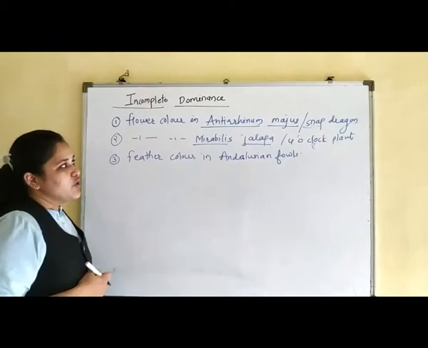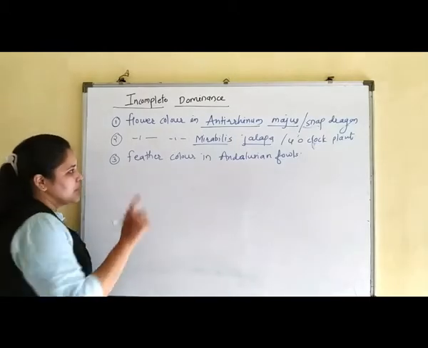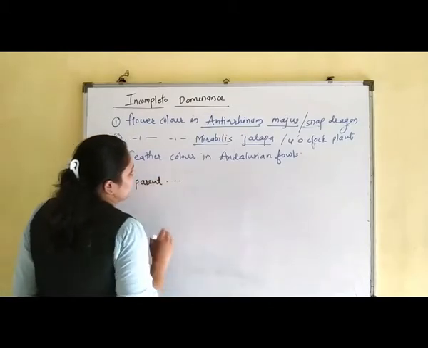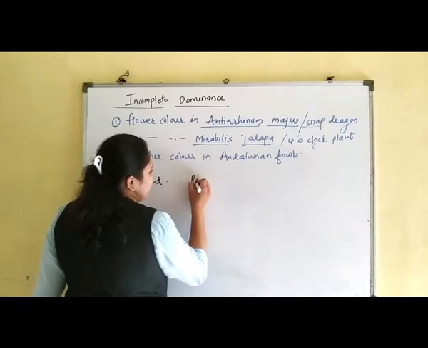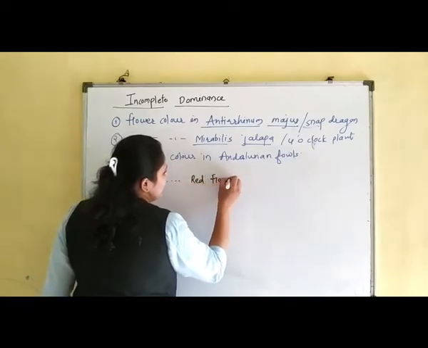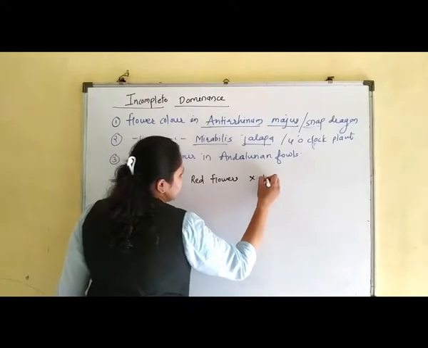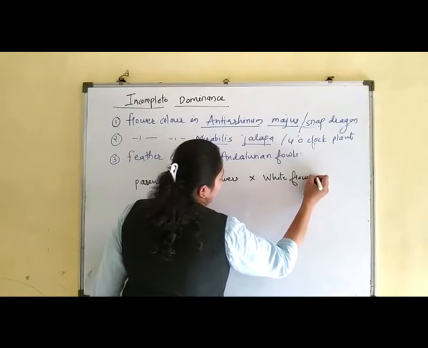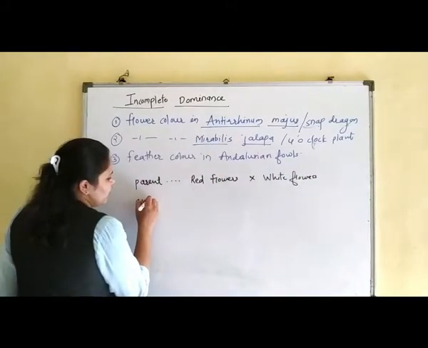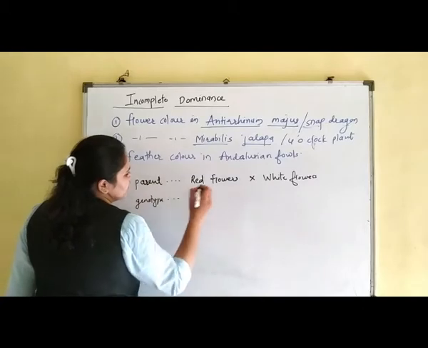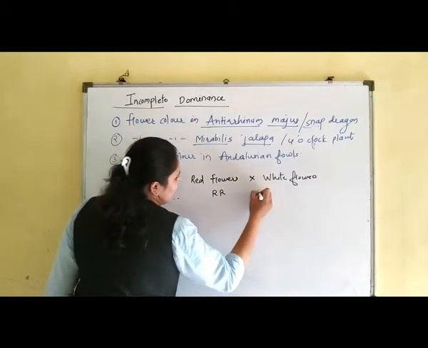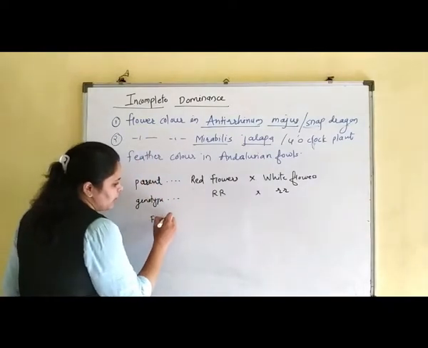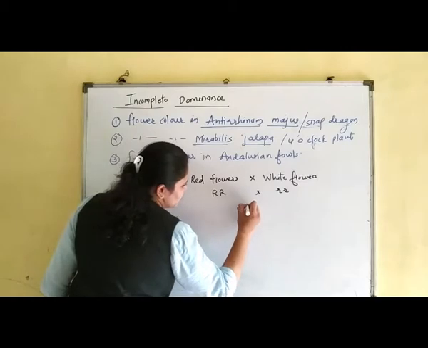In case of Antirrhinum majus as well as Mirabilis, see what the condition is here. If we do a cross, in Antirrhinum, red flowers are dominant over white flowers. The genotype of red flowers is capital R, white flowers small r. Obviously in F1 we get heterozygous.